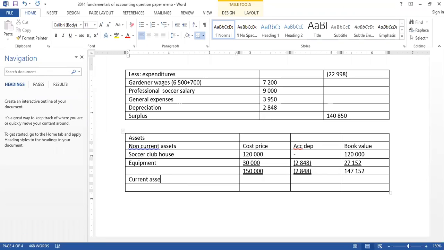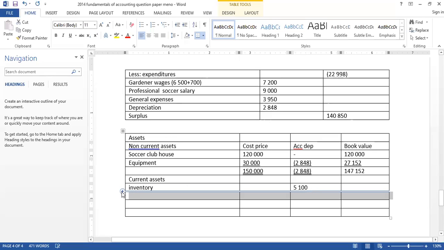So what type of current assets do we have there? Anyone? Inventory. We have closing inventory, and our closing inventory is 5,100, which was given in the additional information.